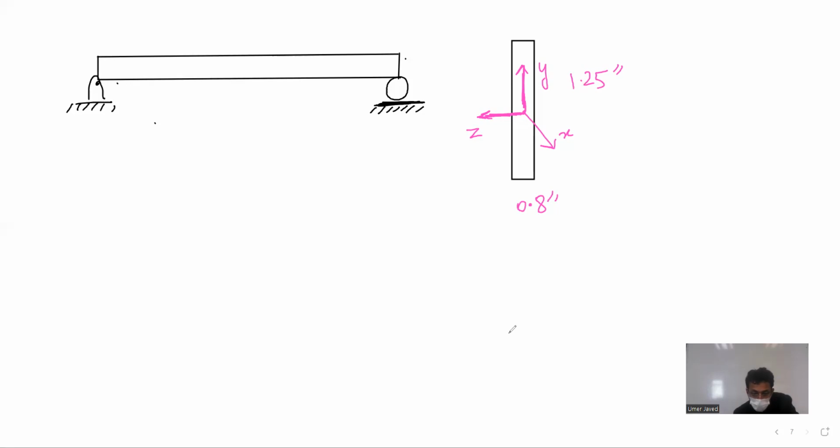I think it is 2.5 inches of height. Now the neutral axis will go through which line? Centroidal line, right? So this is your neutral axis. Nice and beautiful. You don't have to calculate the centroid.